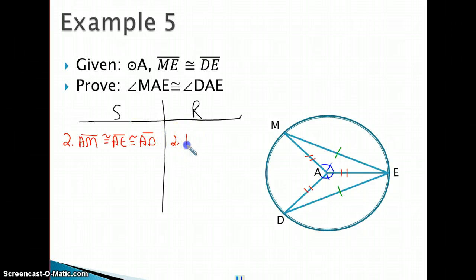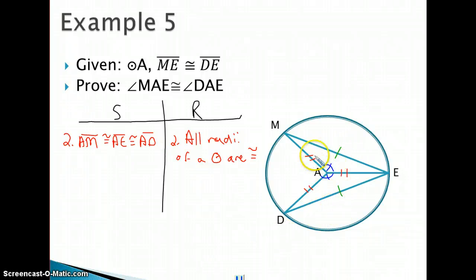And my reason is going to say all radii of a circle are congruent. So when you're given, if you see the little circle with a dot in it, that's telling you this is a circle and this is what the center is.